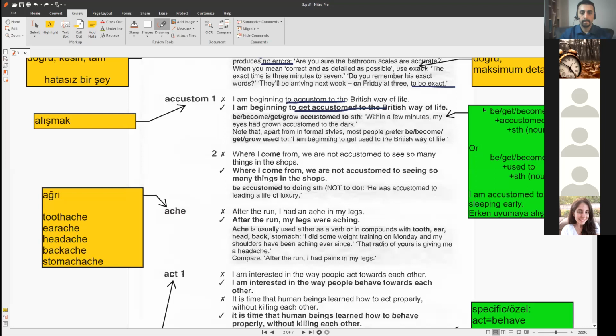I am beginning to get used to the British way of life. Yes, thank you. So remember that be accustomed to or accustomed to is formal. Used to is informal. These are the differences between accustomed to and used to. And the verbs or collocations for accustomed to and used to are be, become, get, and grow.